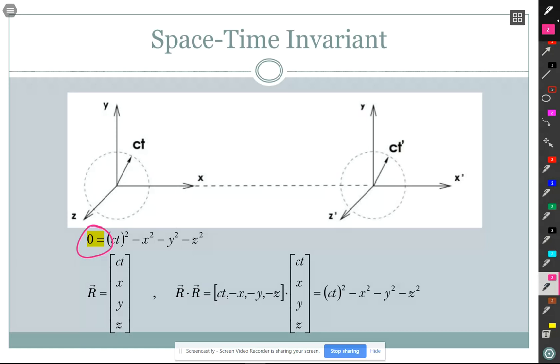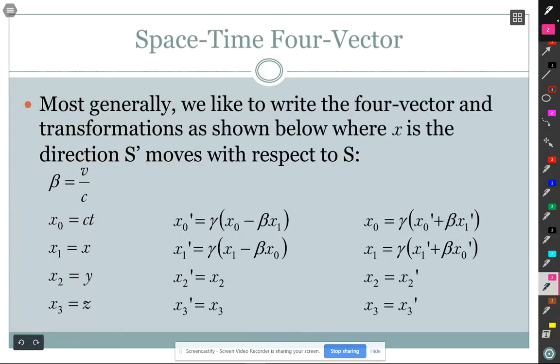So we did radius minus radius is 0, and that was a space-time invariant. In all reference frames, that's going to be 0. I was thinking, well, this looks fuzzy. What are you talking about? But it's actually the picture. It's out of focus.